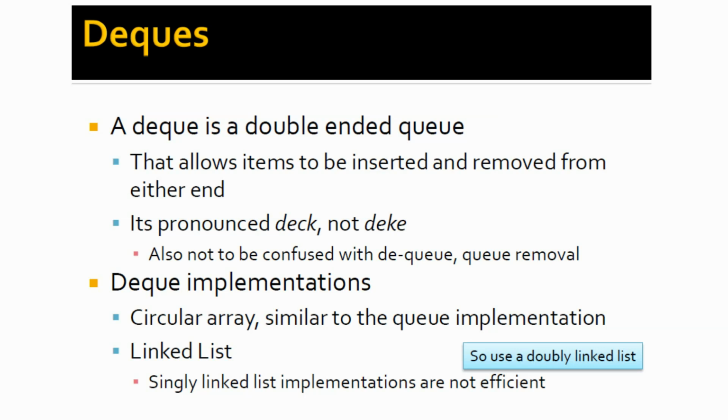The spelling for double-ended queues is usually done like this so that it's not confused with the DQ operation, and it's pronounced deque so that it's not confused with the DQ operation that we do for queues.